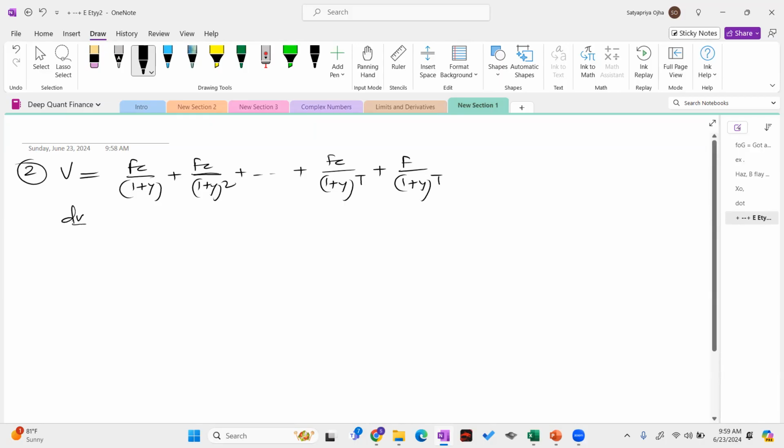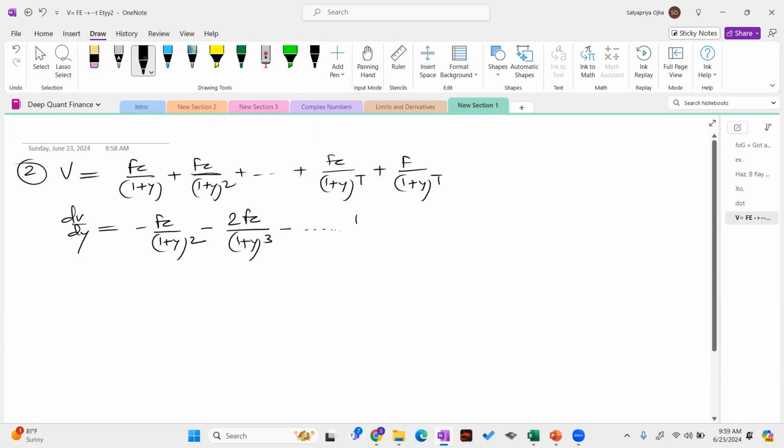What is dV by dy? dV by dy is minus FC by (1 plus y) square, not plus, minus 2FC divided by (1 plus y) cube. Shouldn't write plus, it should be minus, and so on.